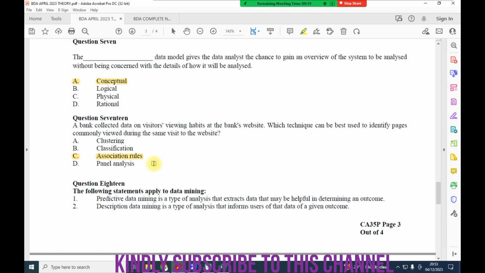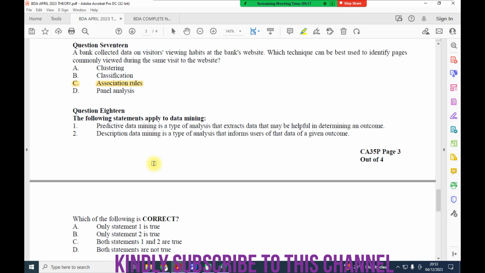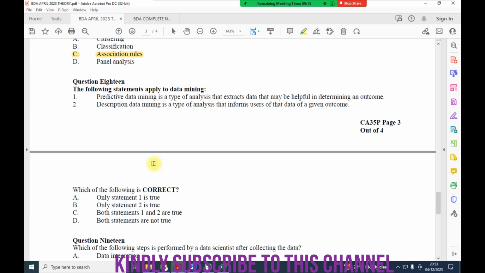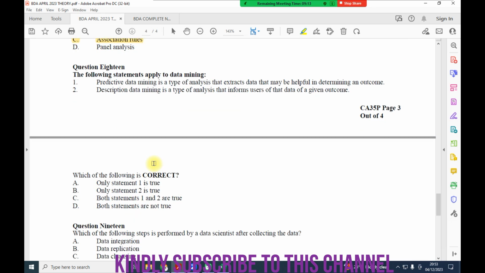And the next one, number 18. The following statements apply to data mining. Predictive data mining is a type of data analysis that extracts data that may be helpful in determining an outcome. Descriptive data mining is a type of data analysis that informs users of the data of a given outcome.